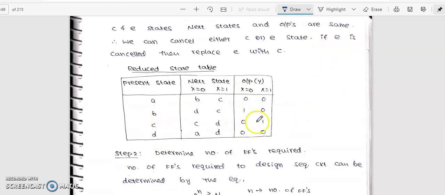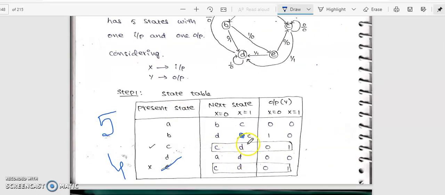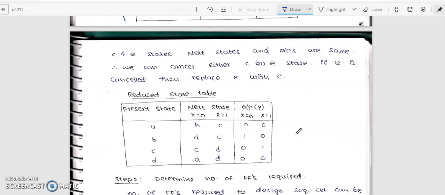The outputs corresponding to the present state do not change. We are just replacing E with C because they have the same next states and the same output. That's all. So this is what is called state reduction.